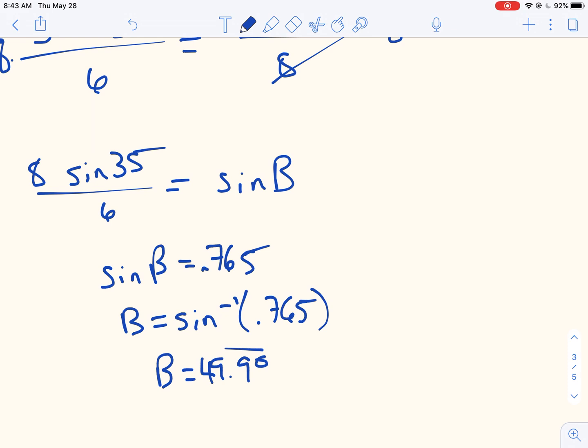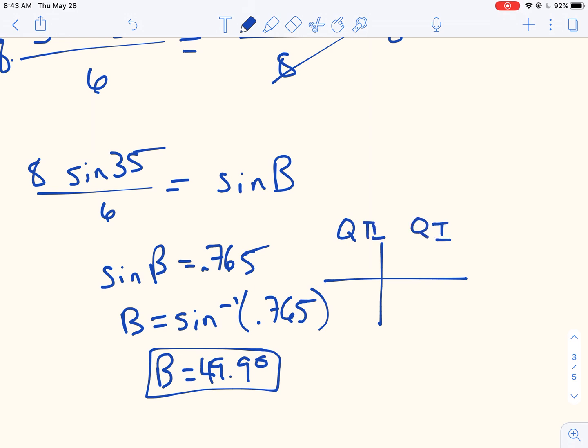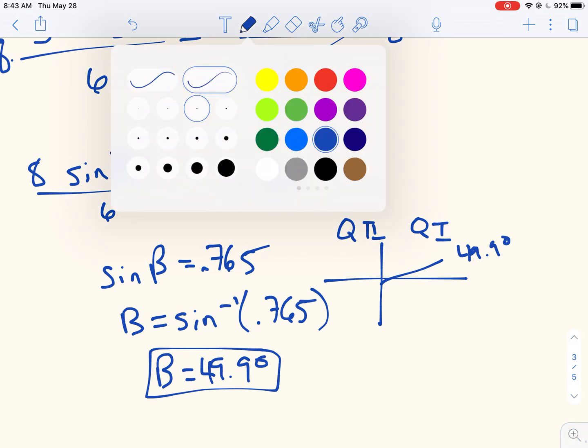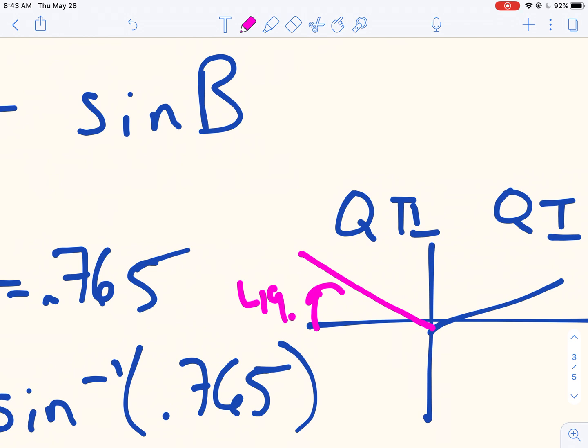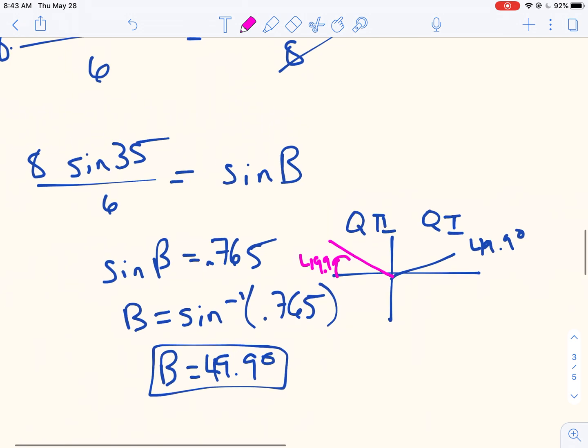Well, now what I need to do is check, because again, sine could be positive in quadrant 2 or quadrant 1. I already have a quadrant 1 angle for it, and that quadrant 1 angle is 49.9 degrees. But theoretically, it could also be a quadrant 2 angle, and that quadrant 2 angle has to be 49.9 degrees away from the x-axis.